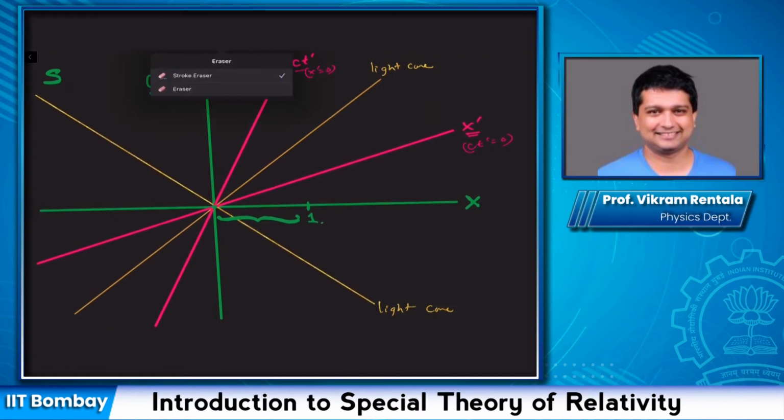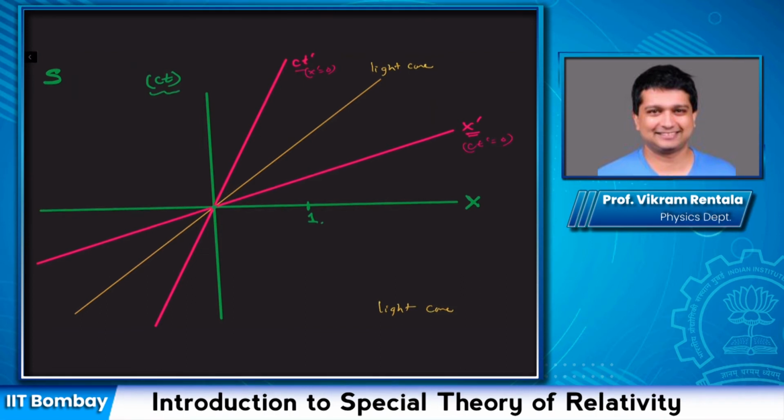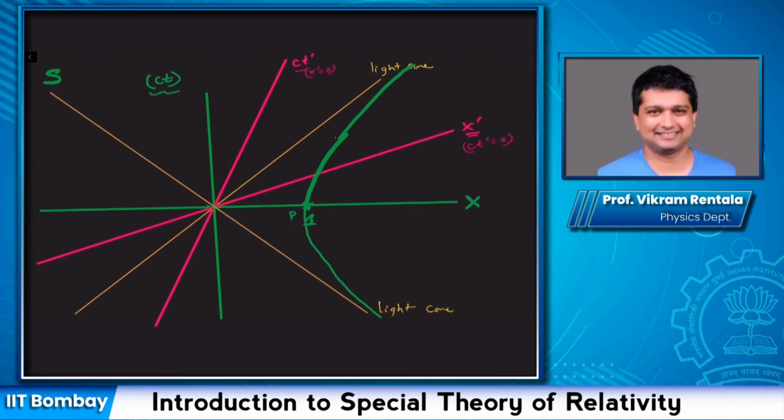So what that means is, if I take the set of all points with the same space-time distance as this point here, the unit point, which we'll denote as P, the set of all space-time points with the same distance from the origin would lie on a hyperbola with asymptotes on these light cone axes.